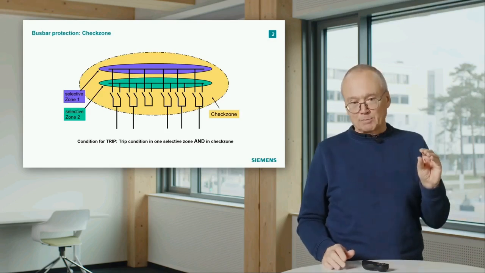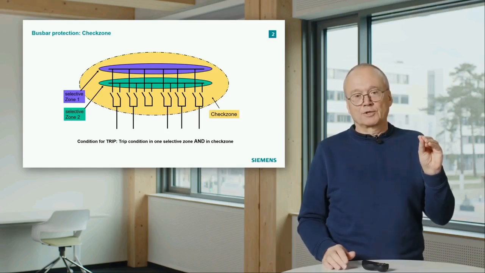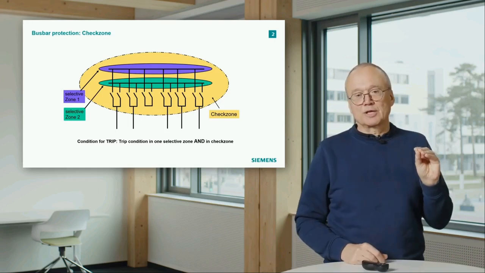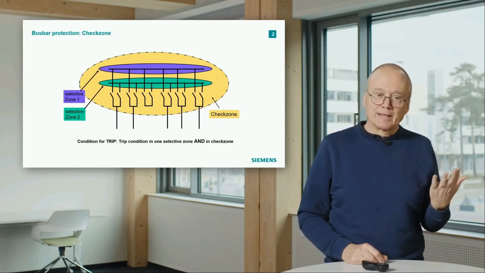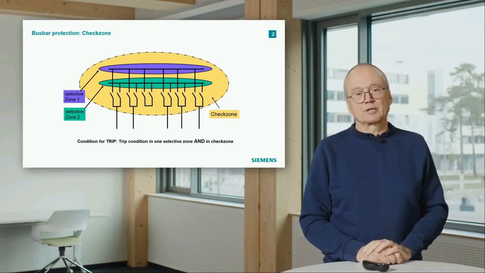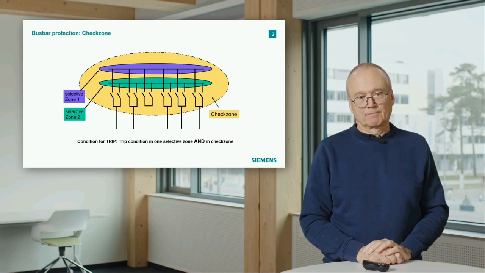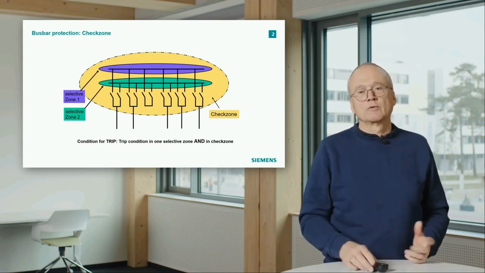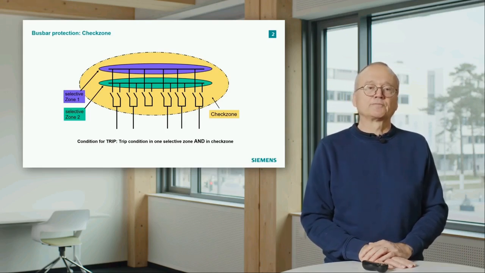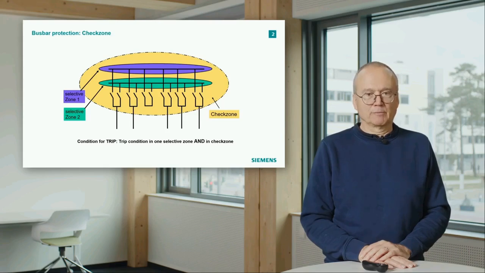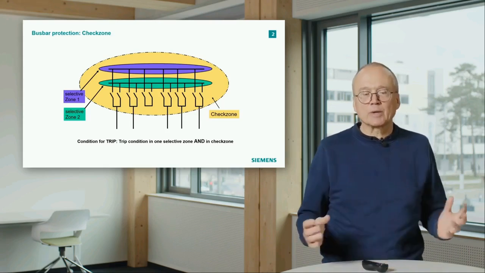If only the purple zone says, I see a fault, and the yellow zone says, I see no fault, then there is a certain risk that the fault indication results from a wrong topology. So the check zone, which is a standard feature, helps us to avoid wrong tripping because of wrong topology information. So that was the second challenge we have.